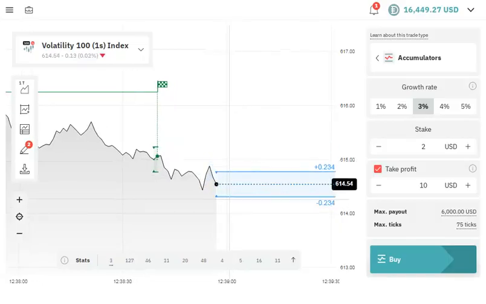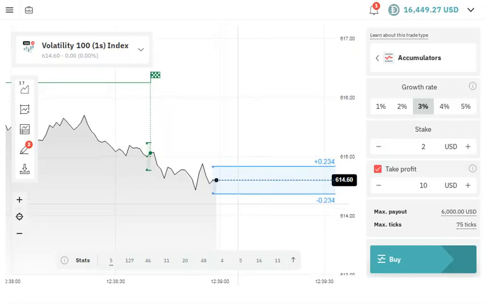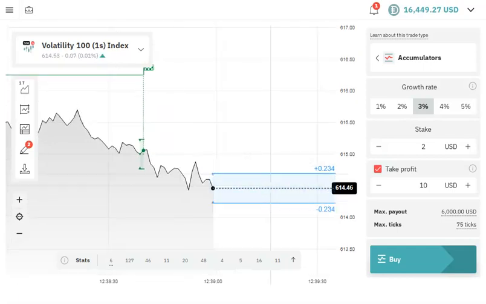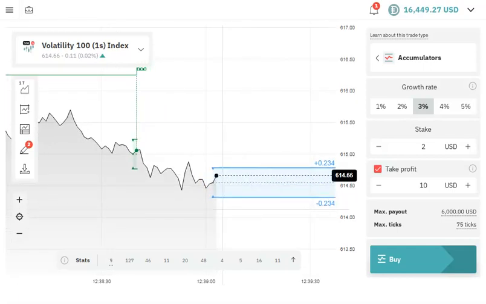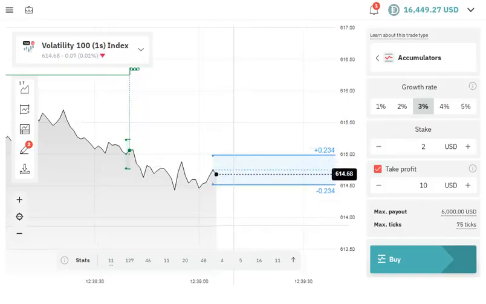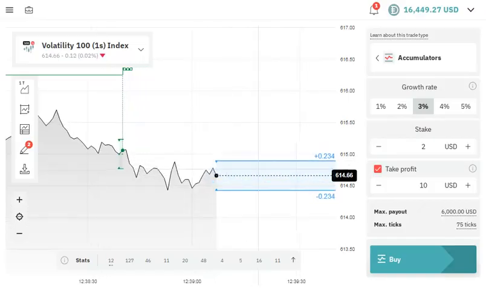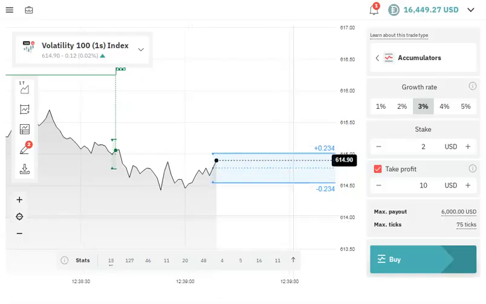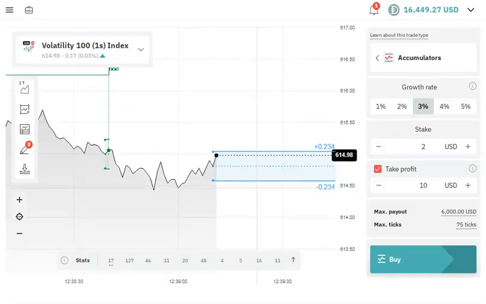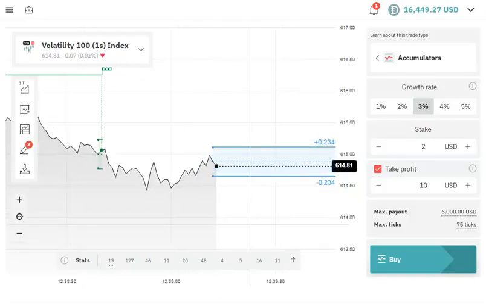While explaining what this strategy and trading type looks like, you saw the box go red, which would have meant that if we hadn't closed that trade, we would have been in a loss. We would have lost everything.